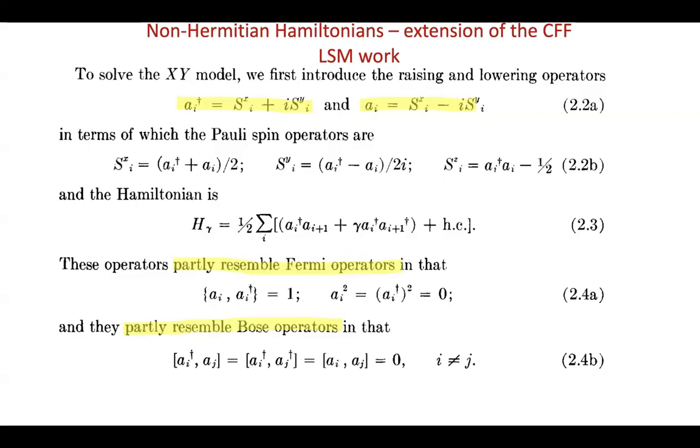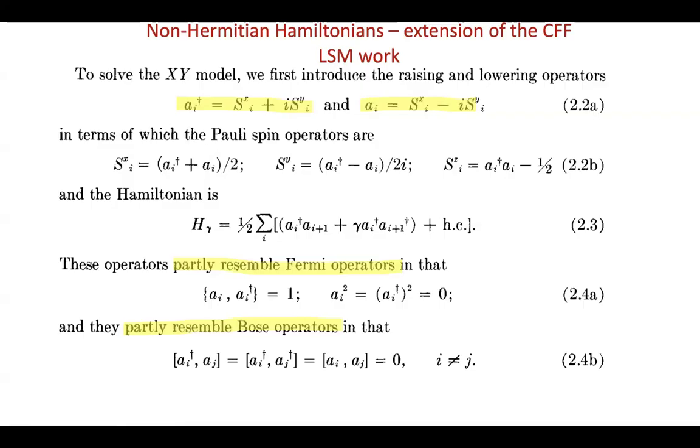So using the raising and lowering operator language, you can write Sx_i as A_i dagger plus A_i, because then the imaginary terms cancel out. And similarly, you can write Sy_i as A_i dagger minus A_i, but you have to cancel out the i, so there is an i in the denominator.